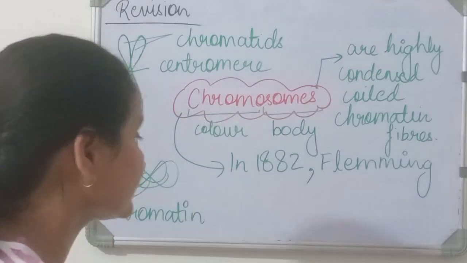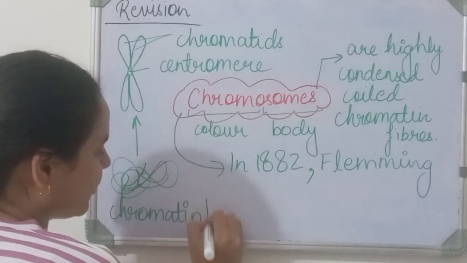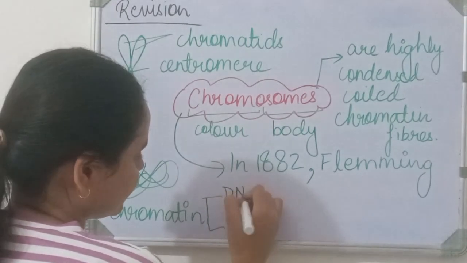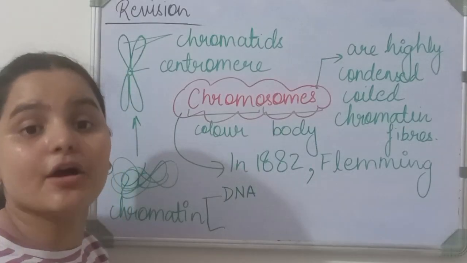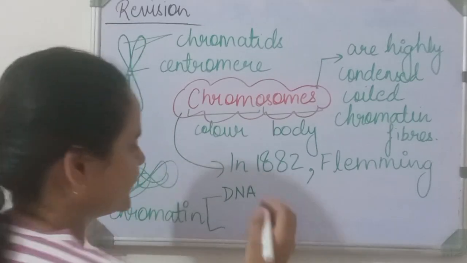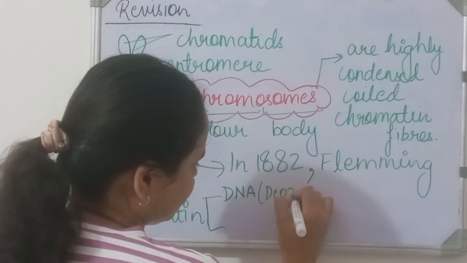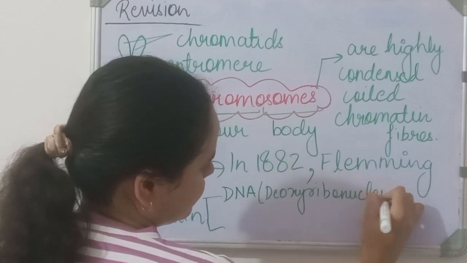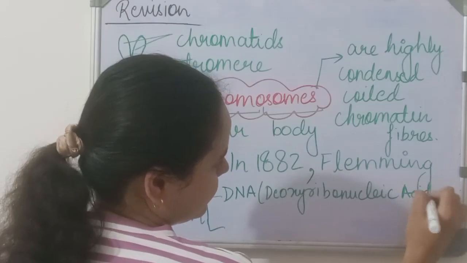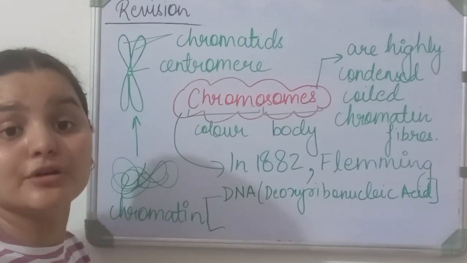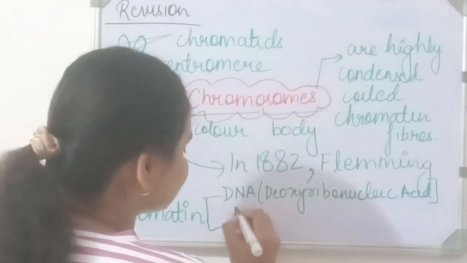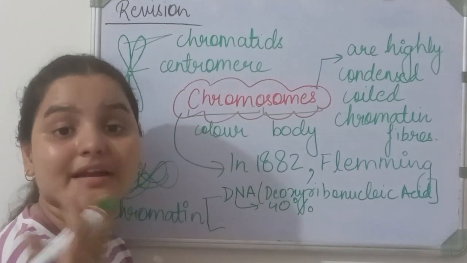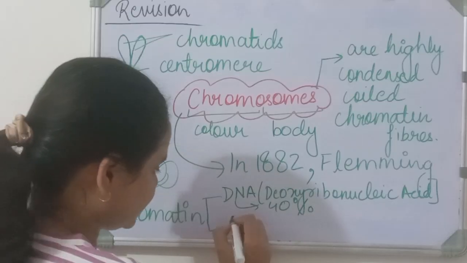Now, this chromatin consists of two things. One is DNA, full form deoxyribonucleic acid, which is found 40%. DNA is 40%. Then another component is histone proteins.